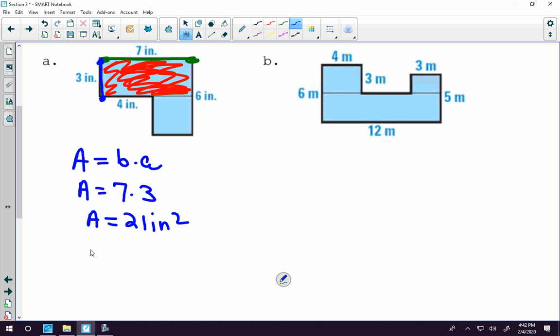Now, somehow, some way, we need to find the area of this polygon that I'm highlighting in green. Okay, well, first question is this. Do we know what this dimension is yet that I just highlighted in black? Well, no. I noticed that that is a horizontal segment in black.